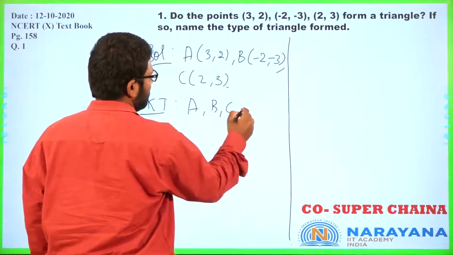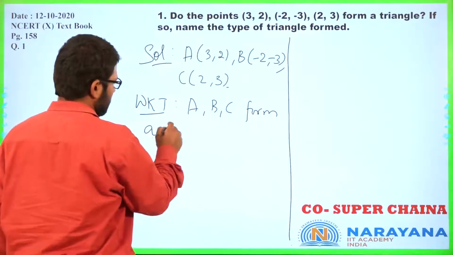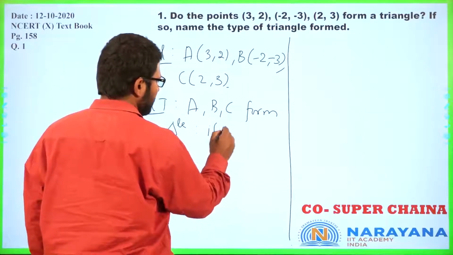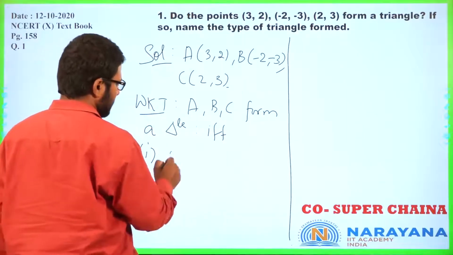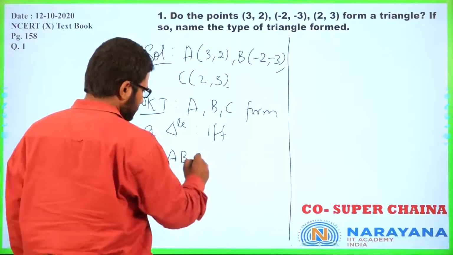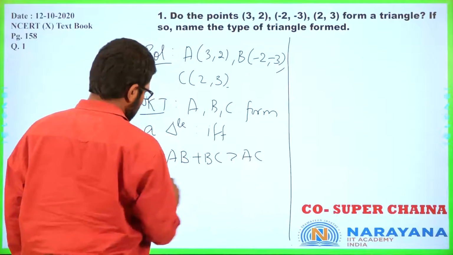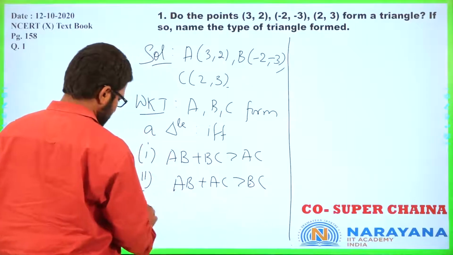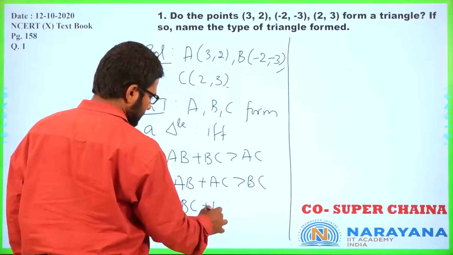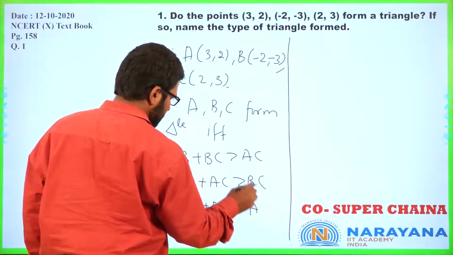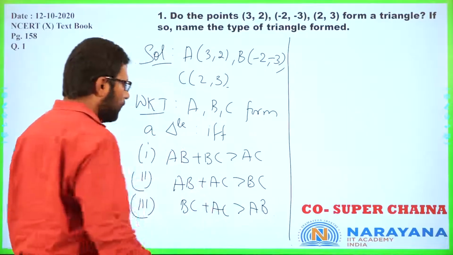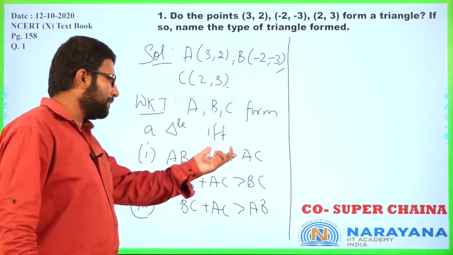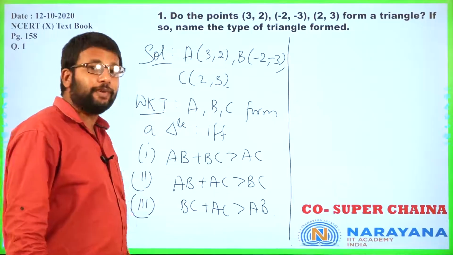A, B and C form a triangle if and only if all these conditions are satisfied: AB plus BC is greater than AC, AB plus AC is greater than BC, and BC plus AC is greater than AB. All these 3 conditions must be satisfied. This is very important. The sum of any 2 sides should be greater than the third side. Now we need to verify it.